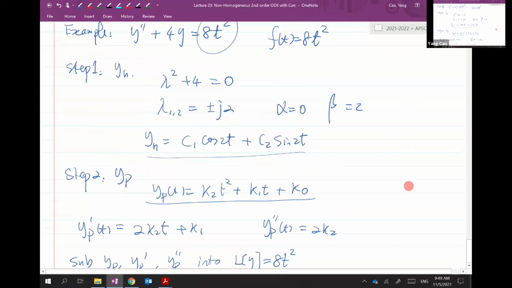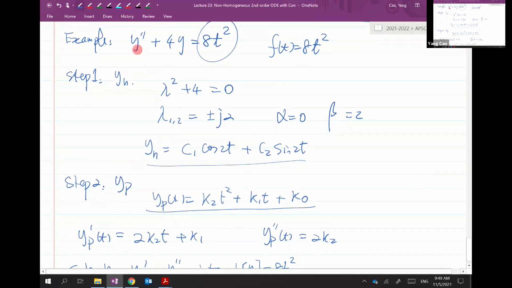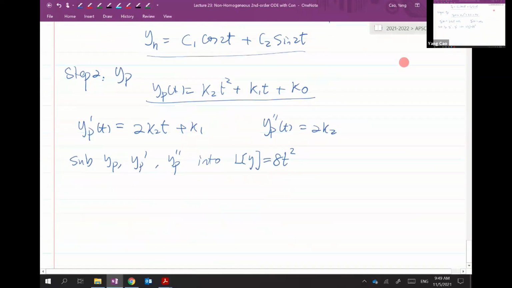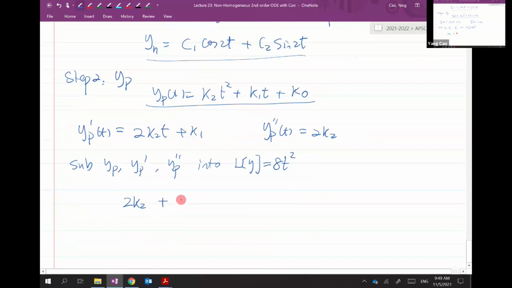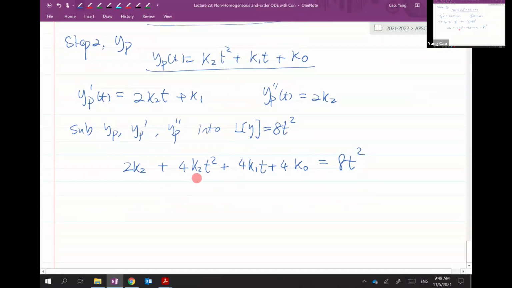So this is the step you have to be careful, okay? So y'' is 2K2 plus 4y, so plus 4 times K2 t², 4 times K1 t, 4 times K0, equal to at². Okay, so then group similar terms.